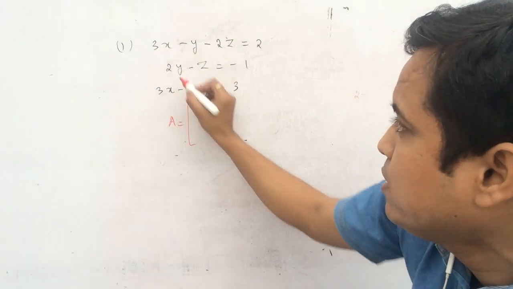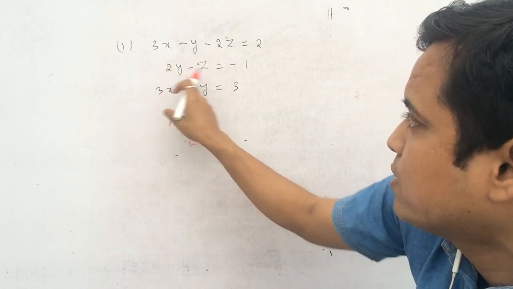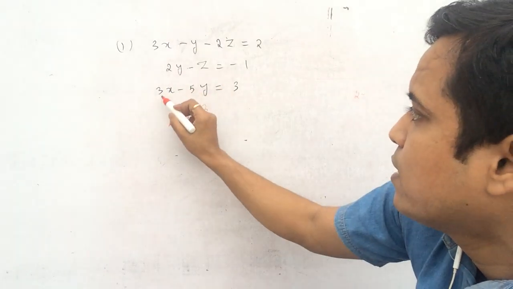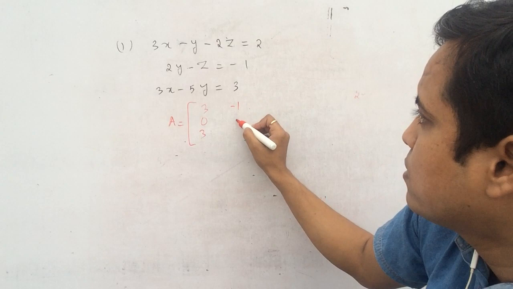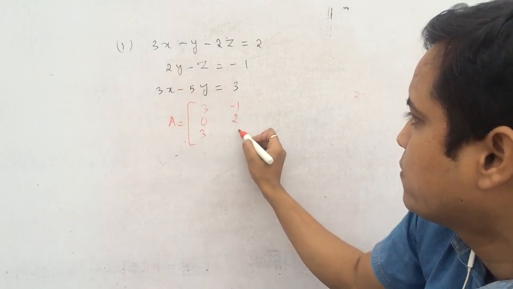It would be 3, 0, 3. If x is not in the equation, we consider it as 0. The second column, the coefficients of y, is minus 1, 2, minus 5.